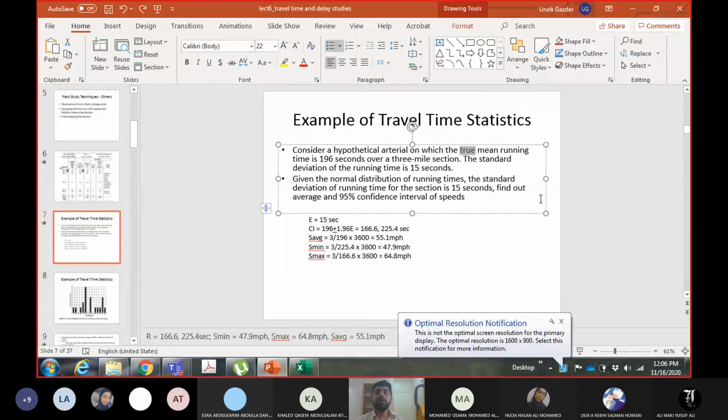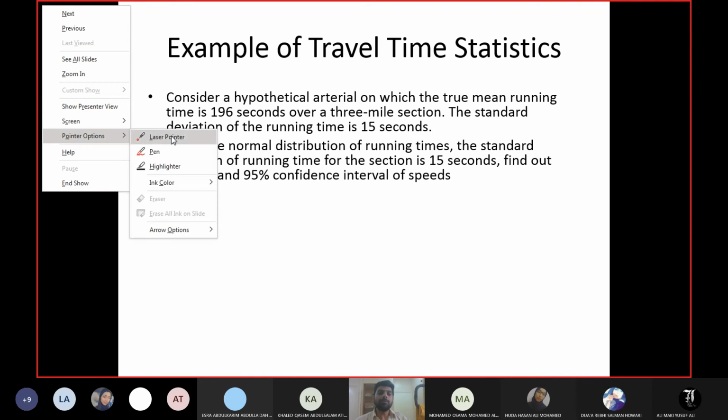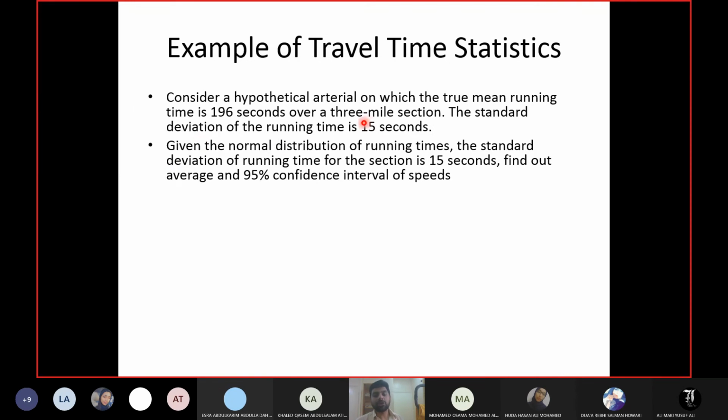So if this 15 seconds is for the whole population, that means it is E. I am getting to this conclusion because the mean is given for the whole population, as indicated by the word true, so the standard deviation is also for the whole population, and that is E. The true standard deviation is E.